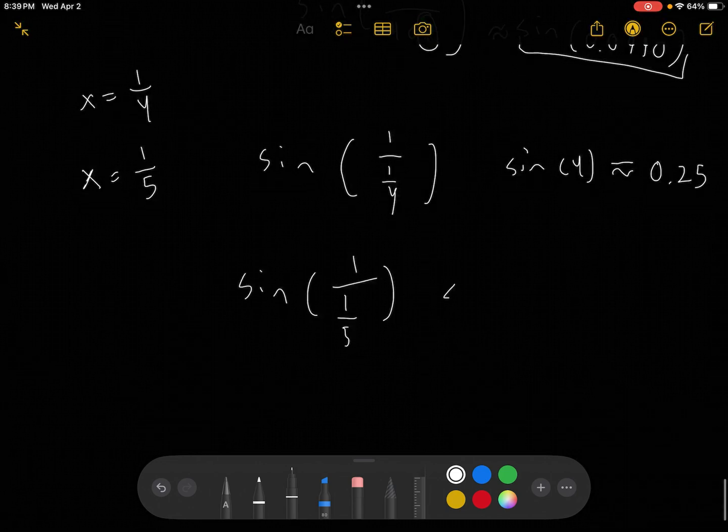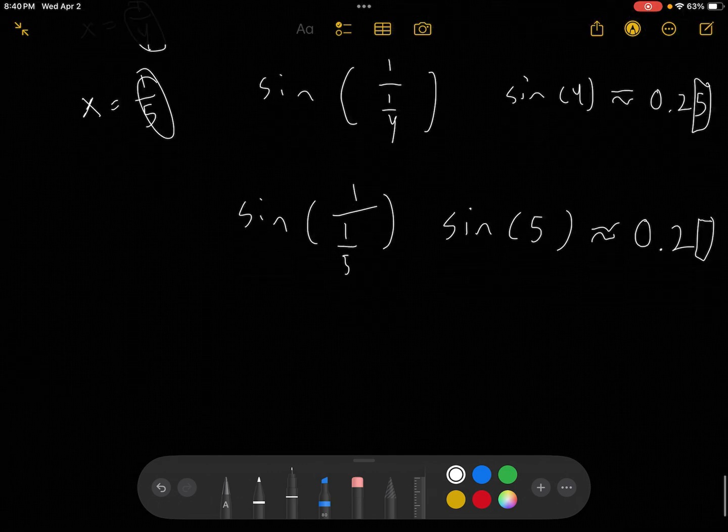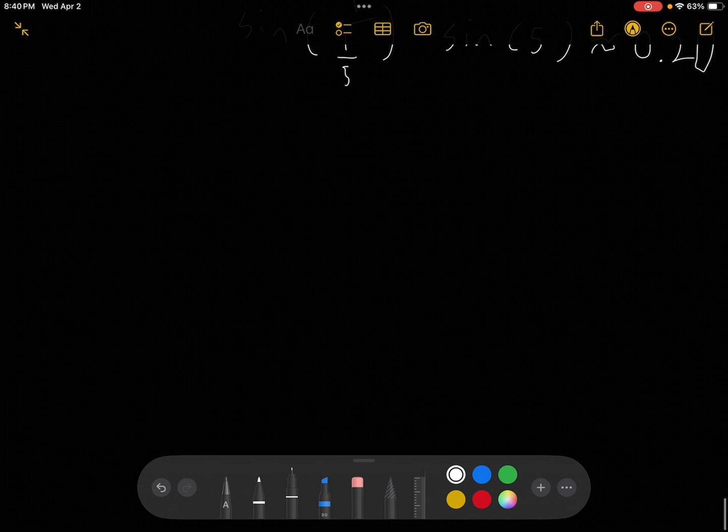So this will be sine of 1 over 1 over 5, so sine of 5, which is approximately. So in this case, changing our values of x by only a little bit had a much more noticeable effect on the value of the function.